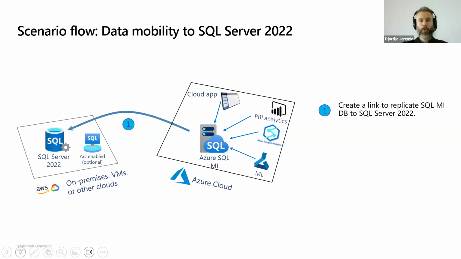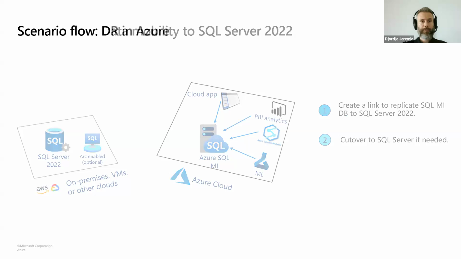So you create a link to replicate your databases to SQL Server and then cut over, and then your databases are available as standalone databases in SQL Server 2022. We'll see a brief demonstration of that later on in this presentation.